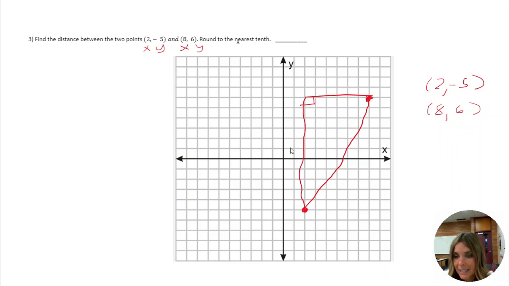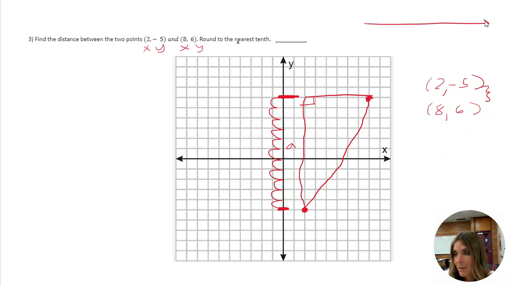of the legs, this leg A right here, you can see that the vertical change is from 6 clear down to -5. Okay, so from -5 to 6, you can see that that is 1, 2, 3, 4, 5, 6, 7, 8, 9, 10, 11 spaces.